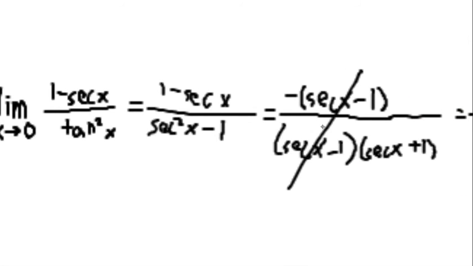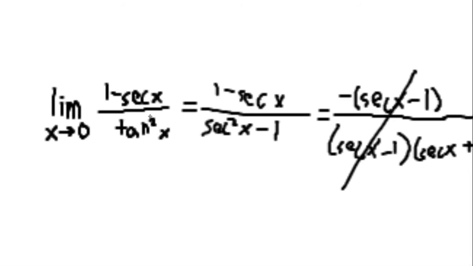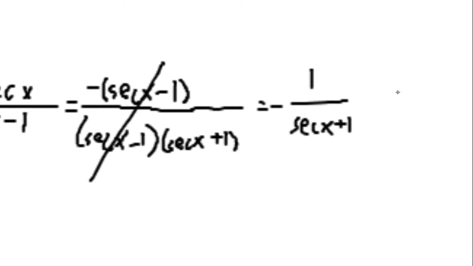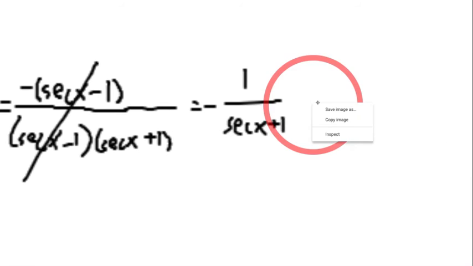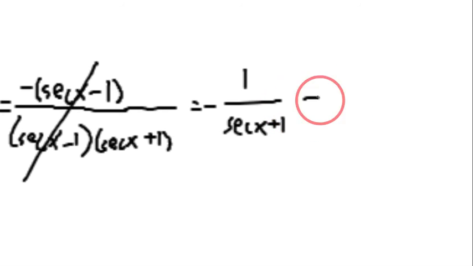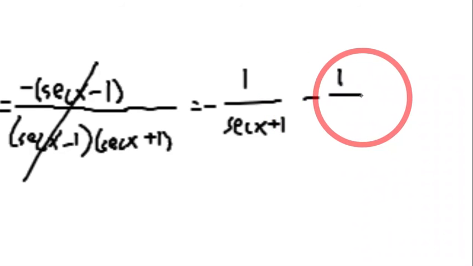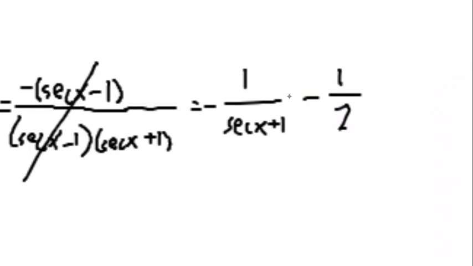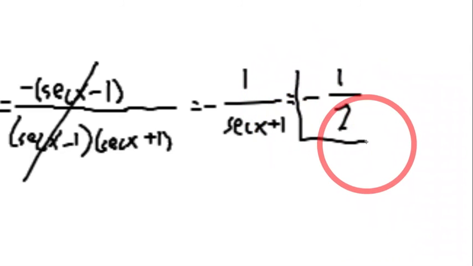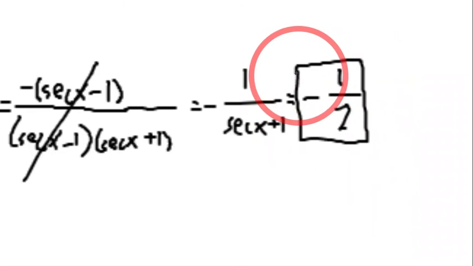Now, remember, if we go back, we already found that the secant of x is 1. So we are going to be left with -1 over the quantity 1 plus 1, or -1/2. And we can go check our answer graphically.